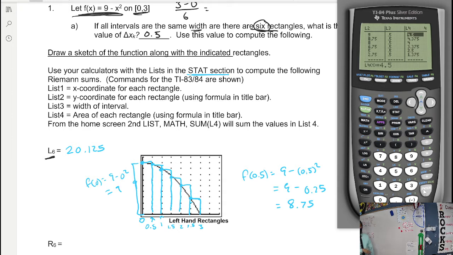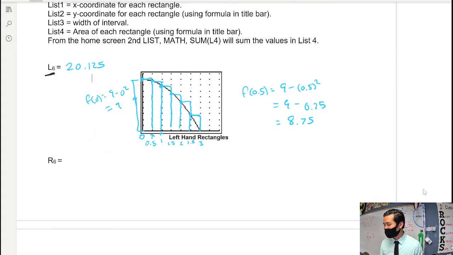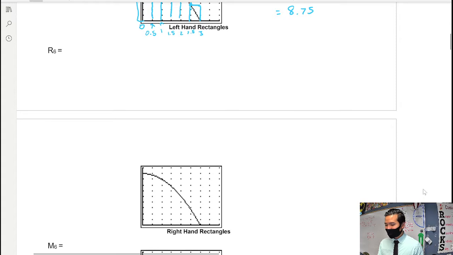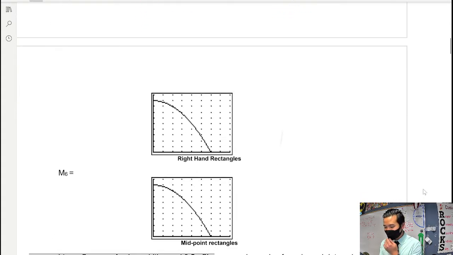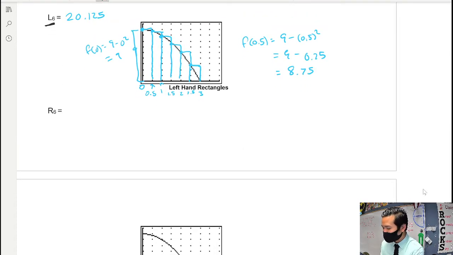Here's what I want you to try. Same equation, 9 minus x squared, but try it with the right side for me. If you do it on the right side, you're not going to be starting at 0.